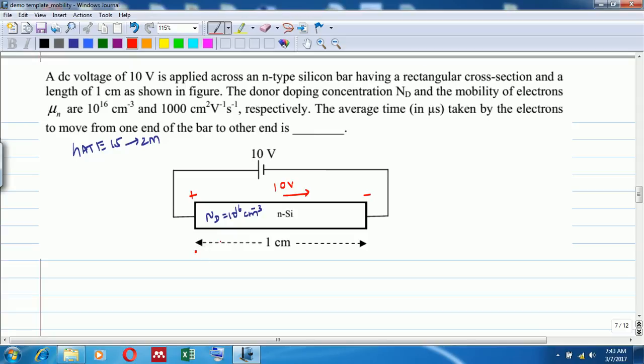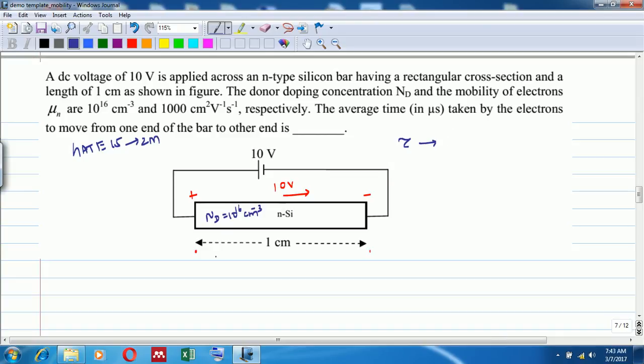So what is the average time it takes to move from this end to the other end, or from one end to the other end? To calculate this time, we know the distance.